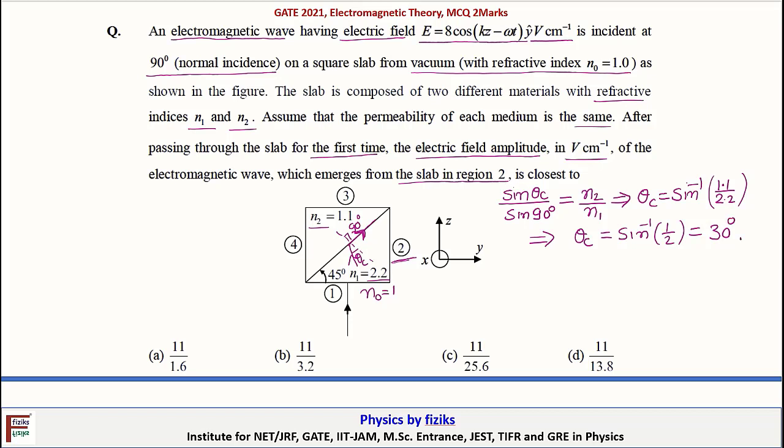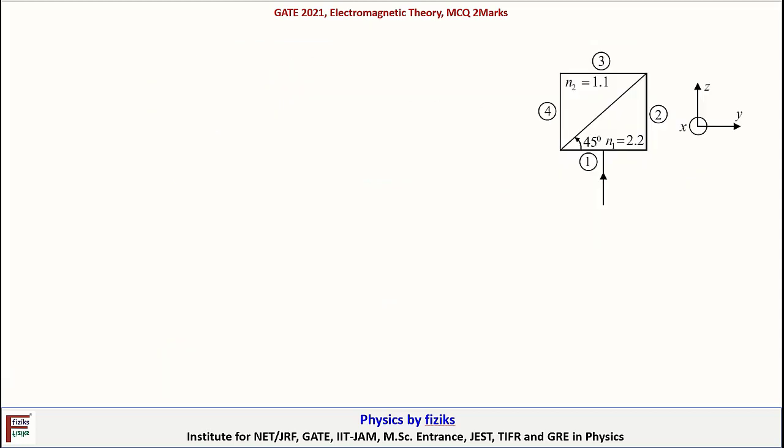That we know. Now see, it is given that this is the air. So N0 is 1. This is also N0 is 1. So you have a normal incidence. So at this point, if we take normal, this angle is also 45 degree.